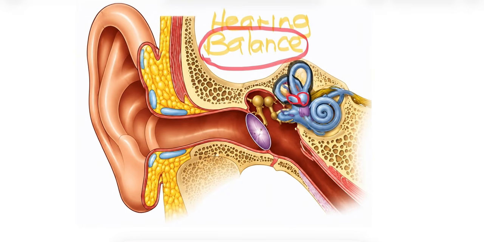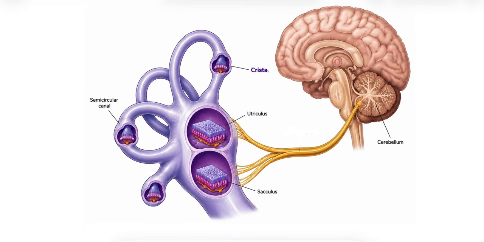Right, so let us zoom into these structures that are involved in the process of balance. In front of us, we have a bigger diagram showing the structures that we've just identified. As you can see, we have our semicircular canals.